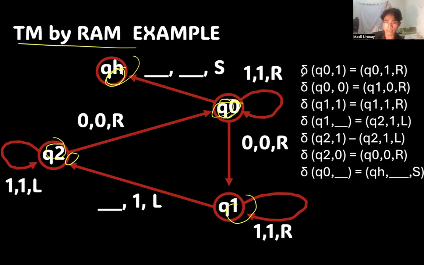Why is it like this? Since our X is 1 1 and our Y is 1 1, it must be 1 1 1 0 1 1, and then we are doing the unary, which is adding X plus Y, and it must be 5, right?